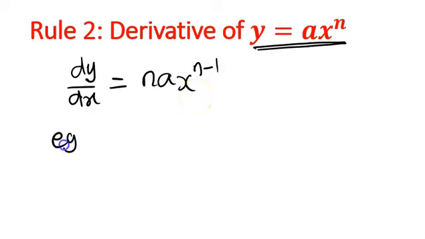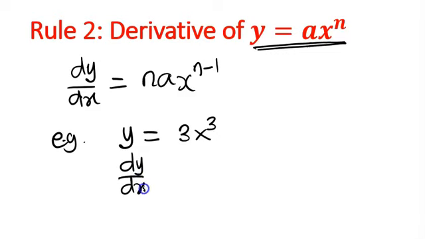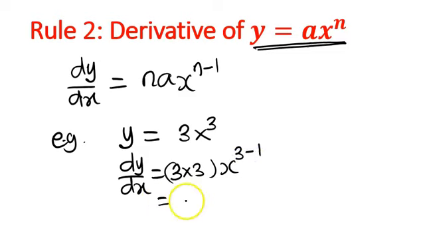For example, if y is equal to 3x cubed, dy dx becomes, we bring the power forward, so 3 times 3, that is 9, and then we reduce the power by 1, so x to the power 2.